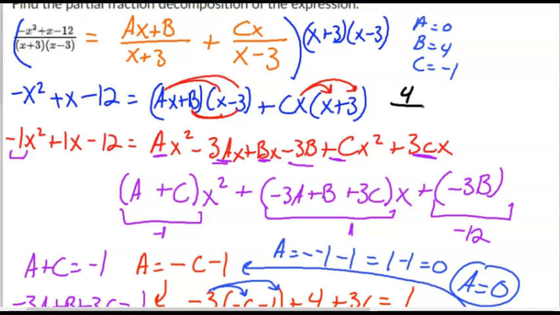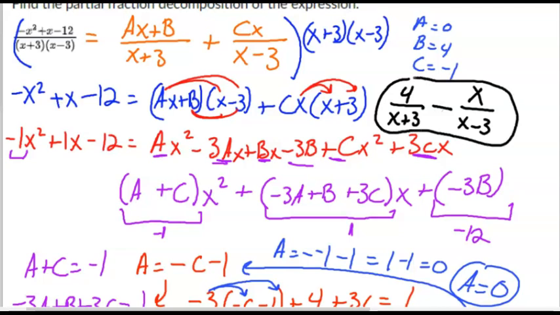So we have 4 at the top over x plus 3 plus negative x over x minus 3. We could also write this with the minus sign in the middle. And then this is our decomposed fraction: 4 over x plus 3 minus x over x minus 3.